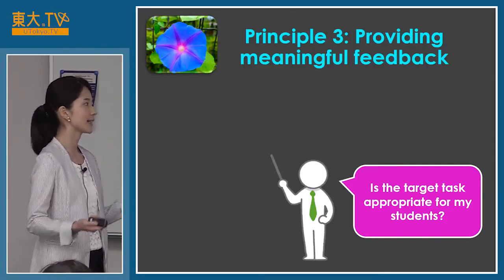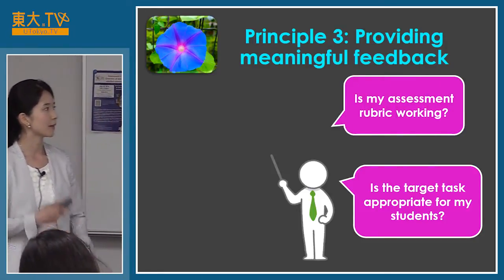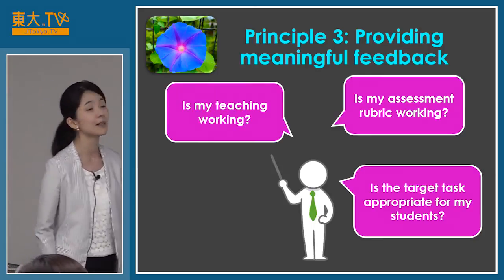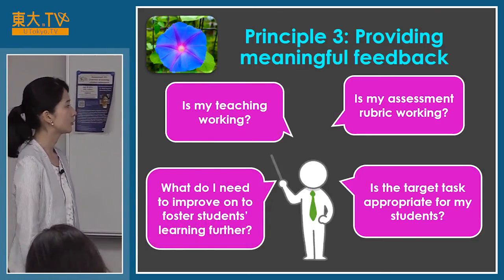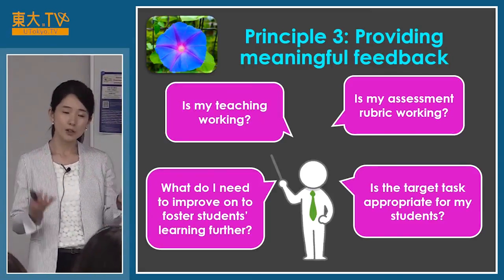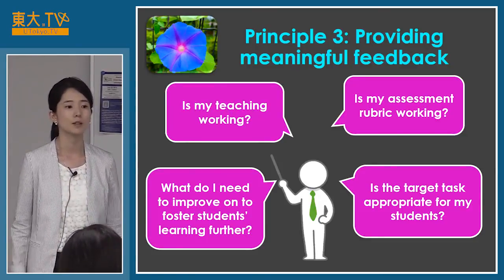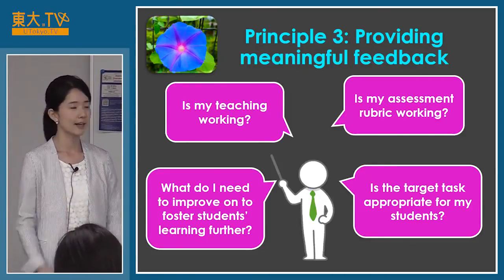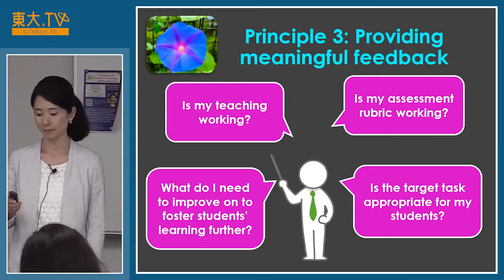Is the target task appropriate for my students? Is my assessment rubric working? Is my teaching working? And also, what do I need to improve on to foster students' learning further? Maybe partially, but the assessment activities that we do in the classroom can help us find answers to these questions.